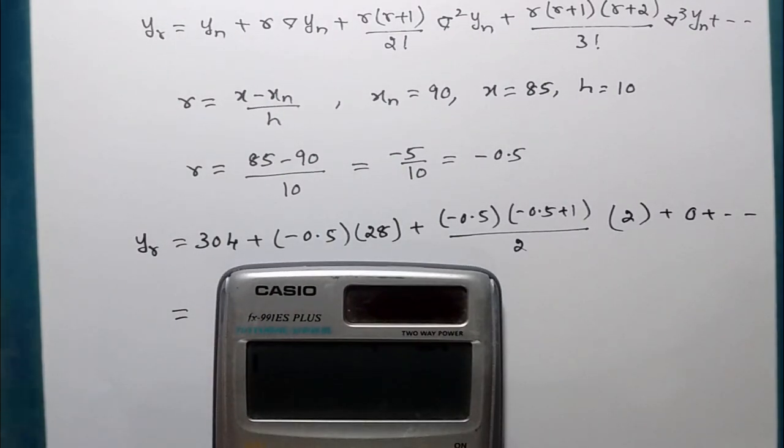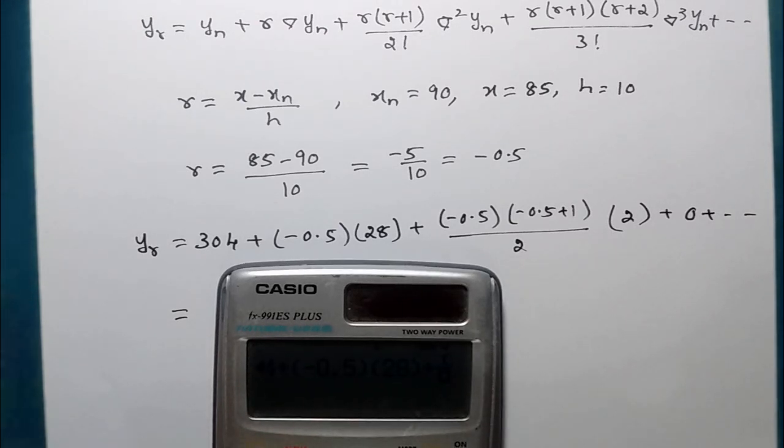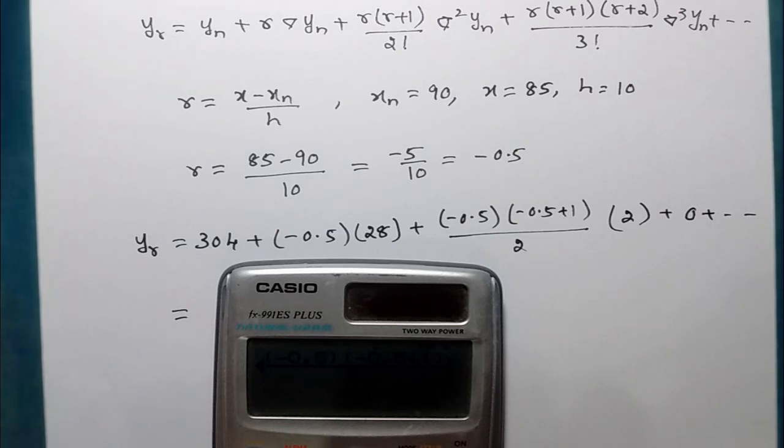So I will also type in the calculator. 304 plus minus 0.5 into 28, plus minus 0.5 into minus 0.5 plus 1, divided by 2, times of 2.